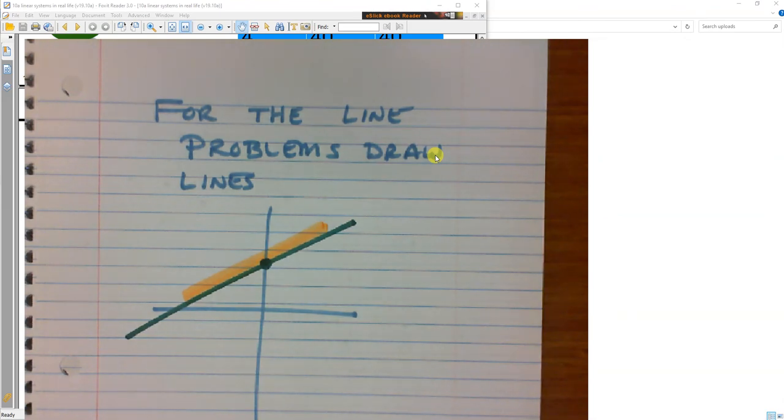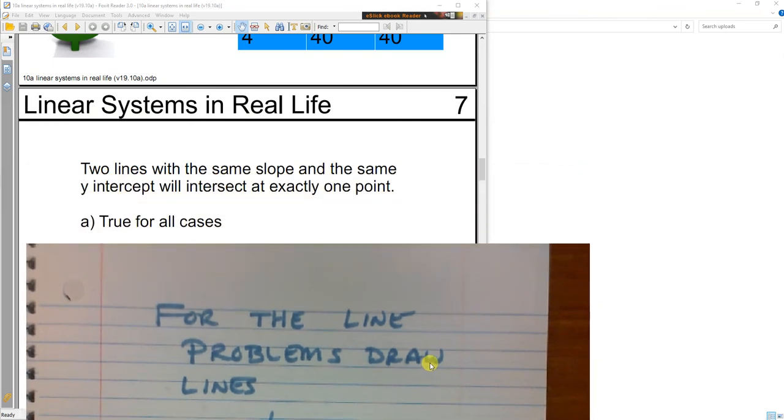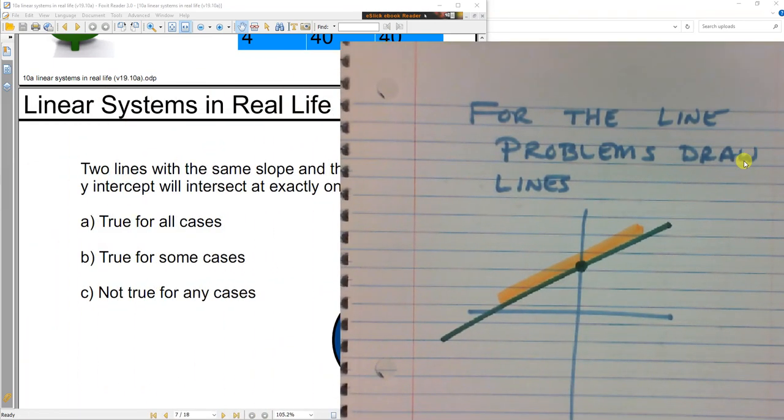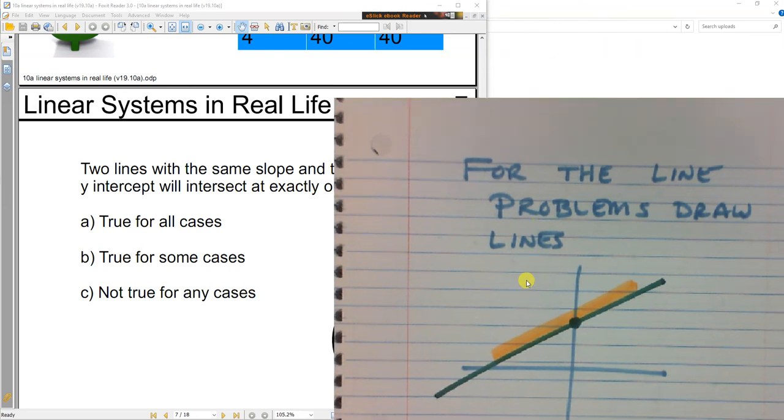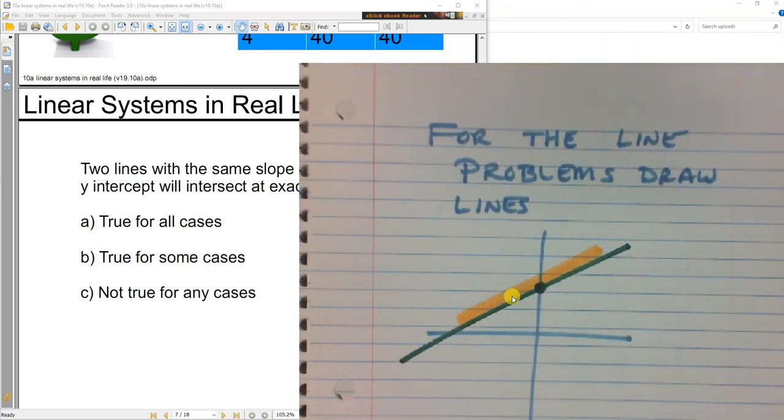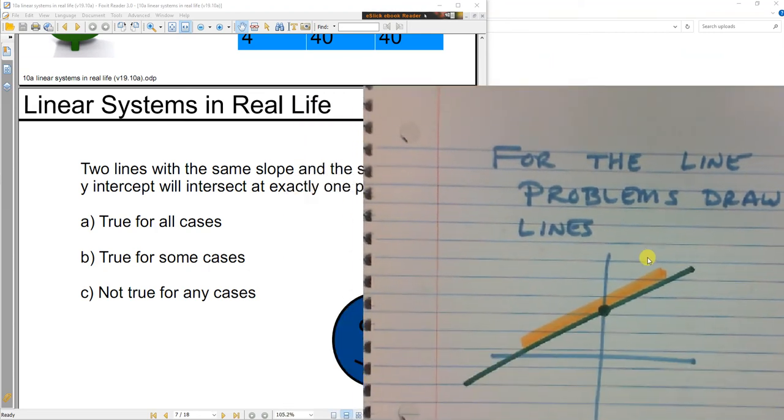Do those intersect at exactly 1 point? No, they're going to intersect at infinite points, right? So is this true sometimes? Do they intersect at 1 point? Sometimes? No. All the time? No. Never? Yes, never. They will never intersect at exactly 1 point.